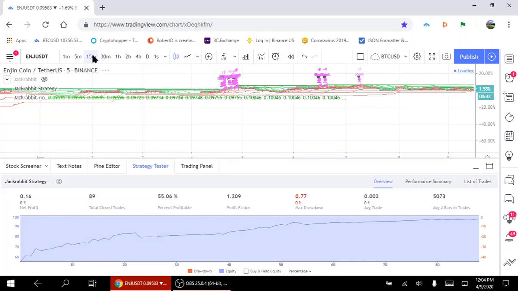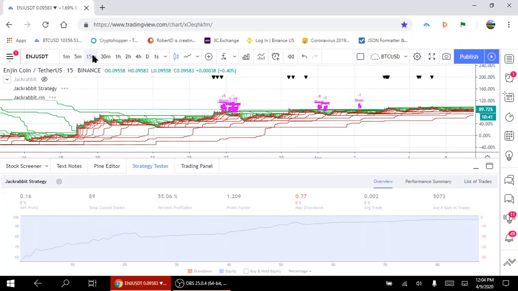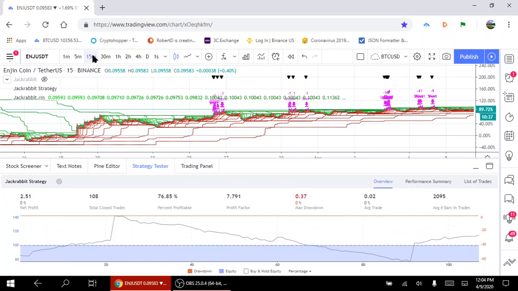Let's keep going and see how this progresses as we go up each stage. Okay, this one's actually doing a little bit better. 2.51 profit. This is a net profit. 108 closed trades, 76% successful, and so forth.